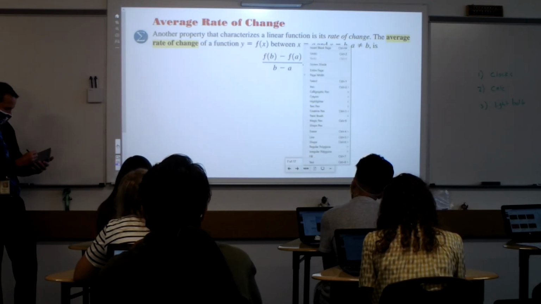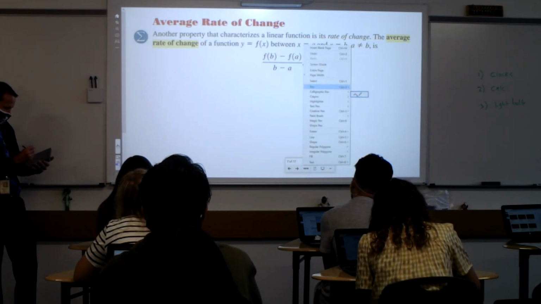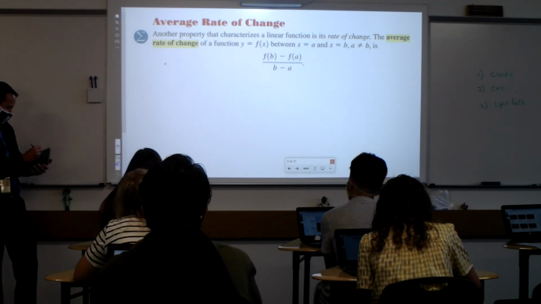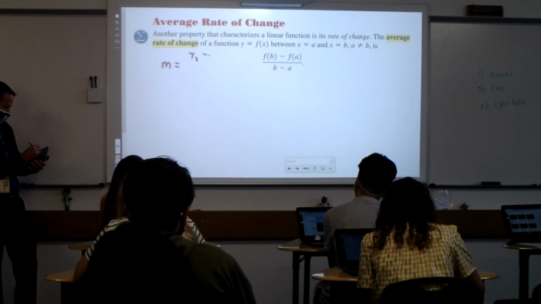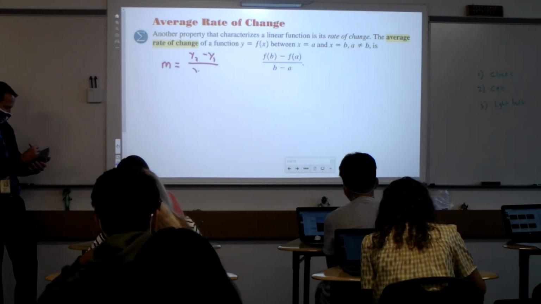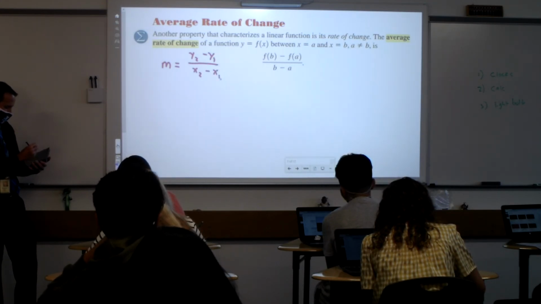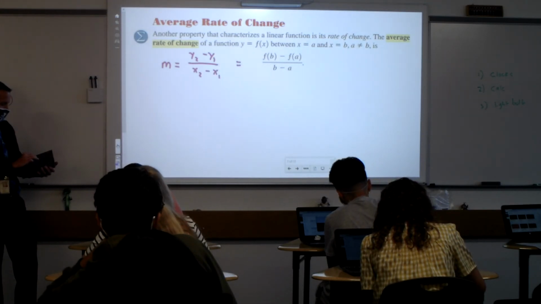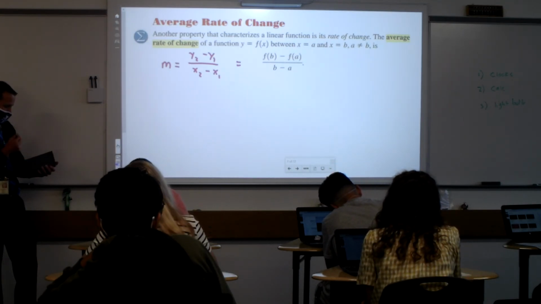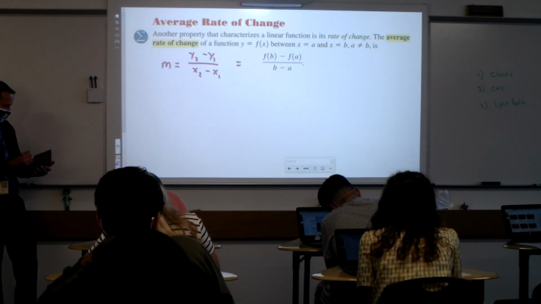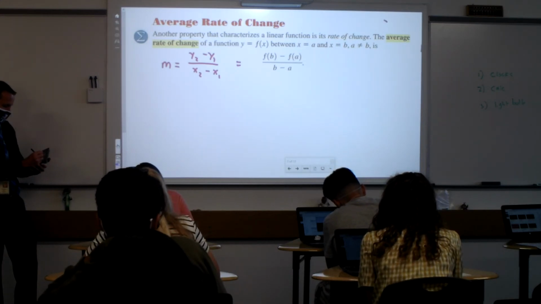If we were to look at our formula for slope and compare it to what we have here, it's the same idea. Slope, you just do the change in y over the change in x. Well, instead of looking at x and y's, if we just look at this in function notation, so instead of y we have f of x, this is basically the same idea. Average rate of change is slope.